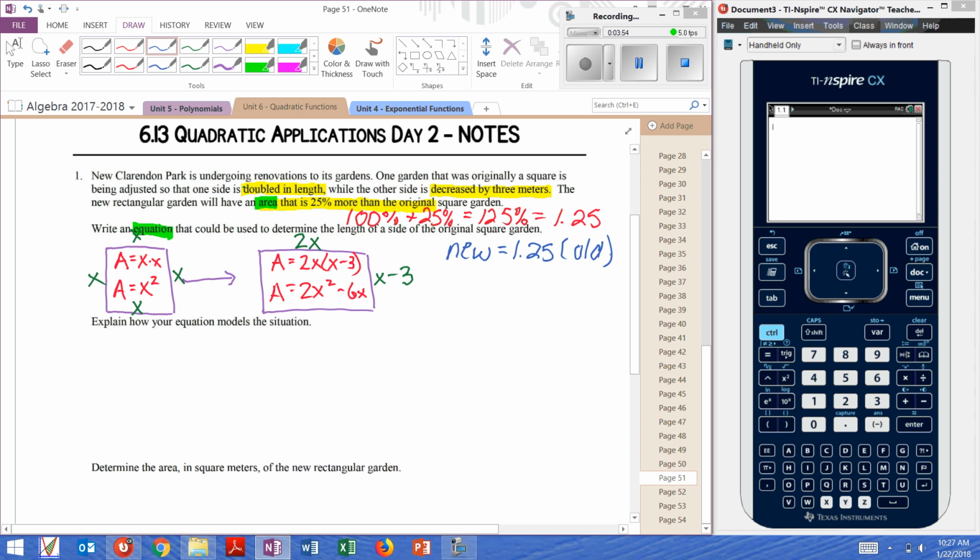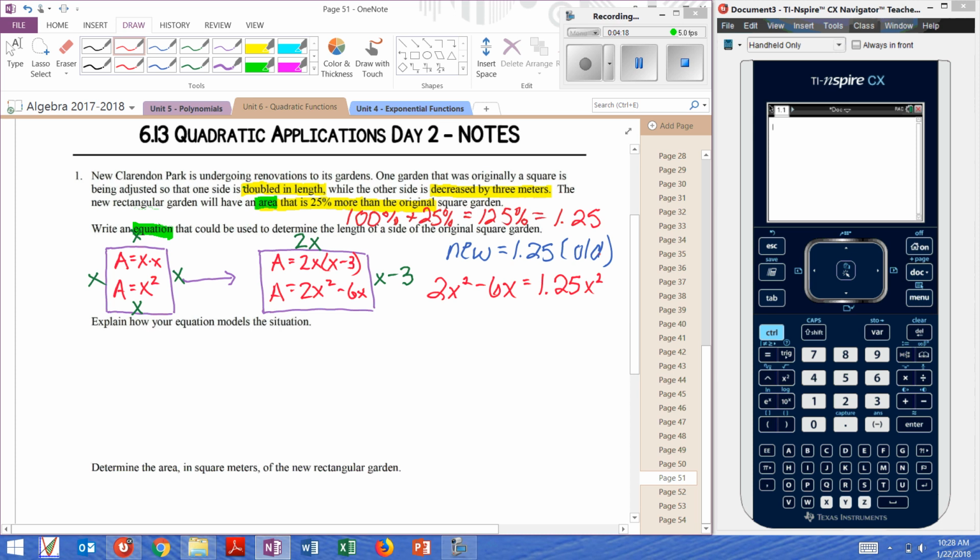Okay, so now I write it in words. I can see that the new garden, well, that was 2x squared minus 6x. That's going to equal 1.25 times the old area, which is x squared. Okay, so there's my equation.